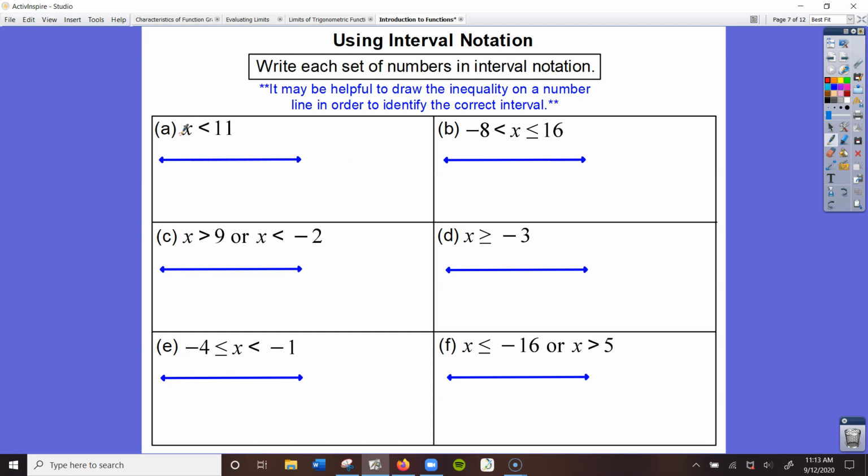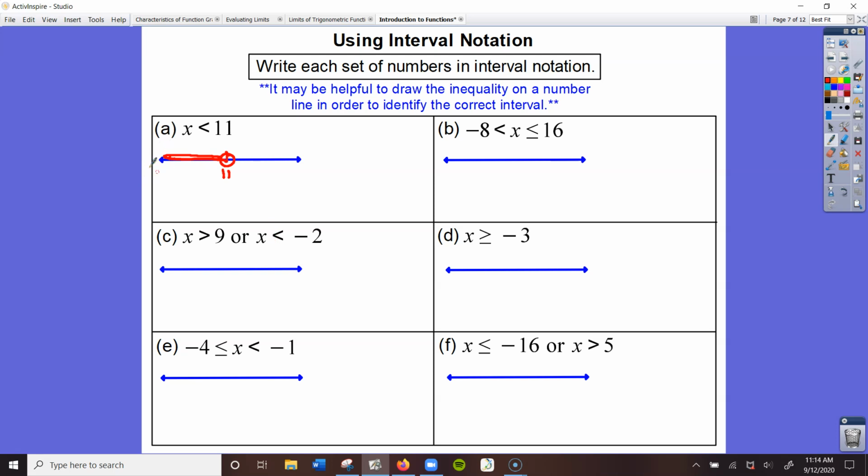So for this first one, we have that x is less than 11. So I'm going to put 11 on my number line. Since it is less than and not less than or equal to, that means the 11 is not included. Since x is less than 11, that means that I would shade the left side of this number line.